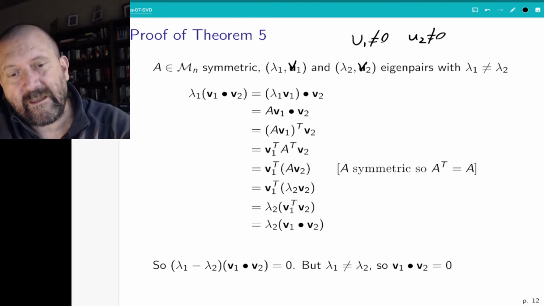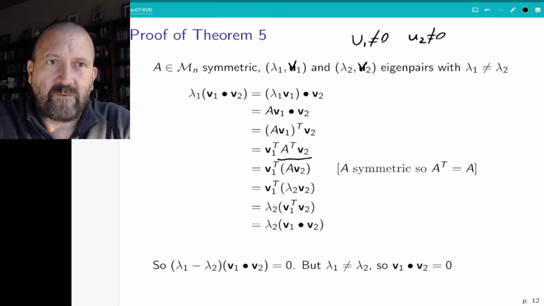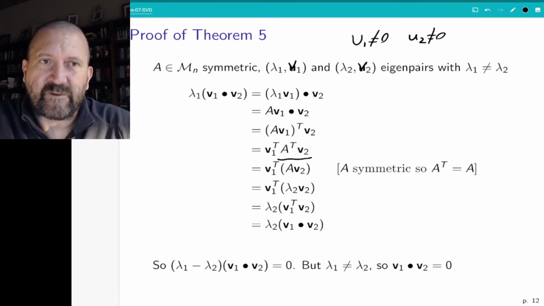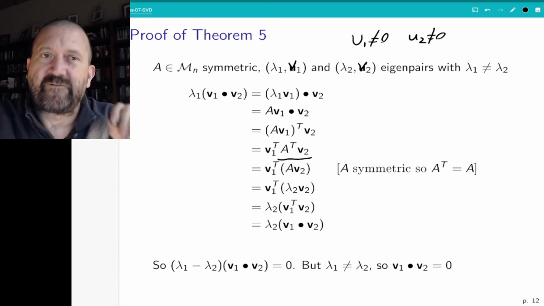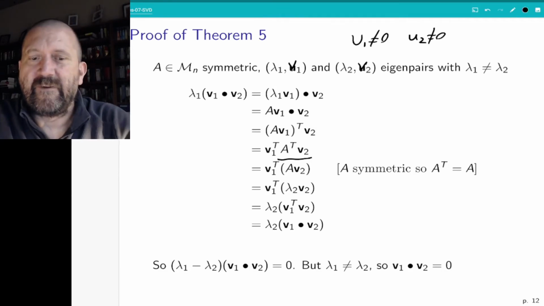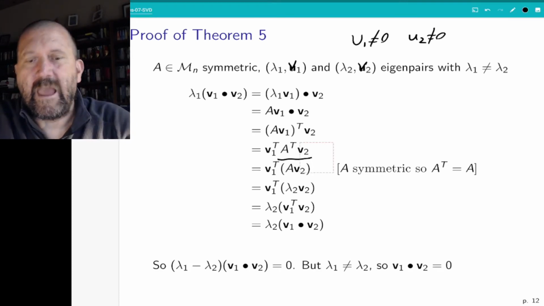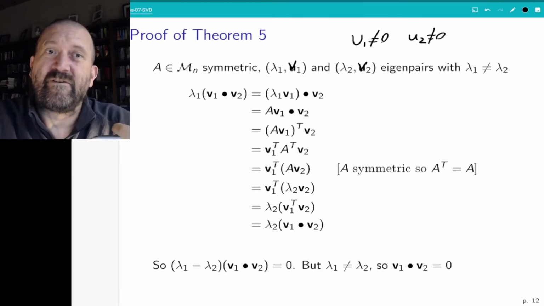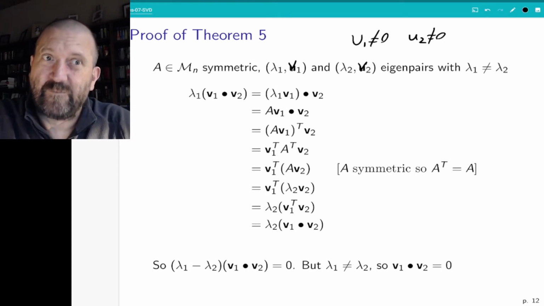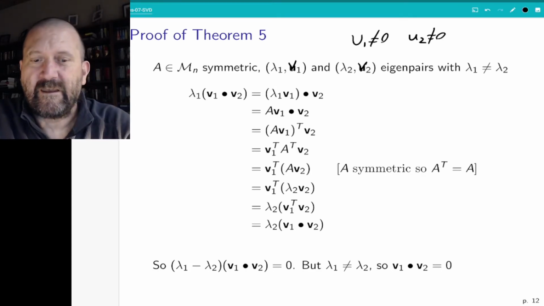This is A transpose V2. But A is a symmetric matrix, so A transpose is equal to A, and therefore A transpose V2 is equal to A V2. And A V2, because V2 and lambda 2 are an eigenpair, equals lambda 2 V2.